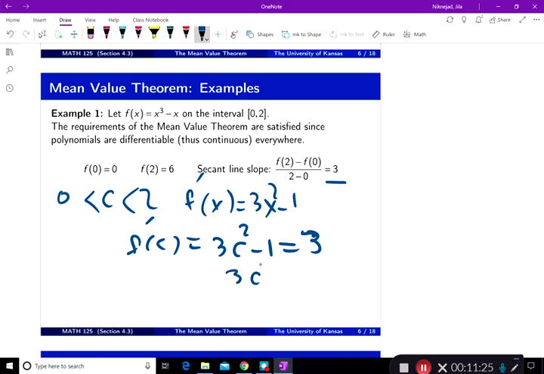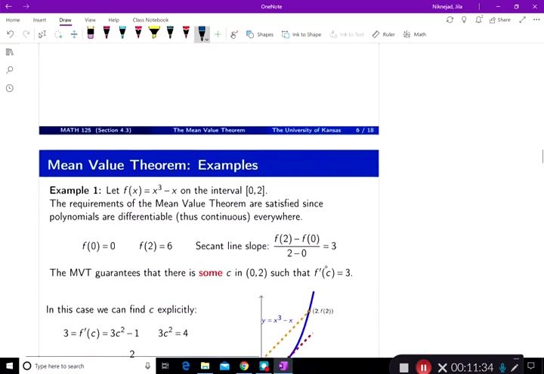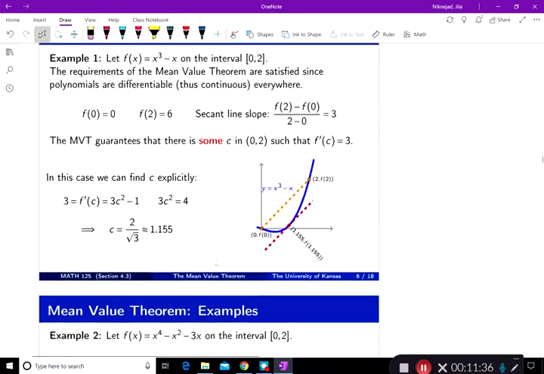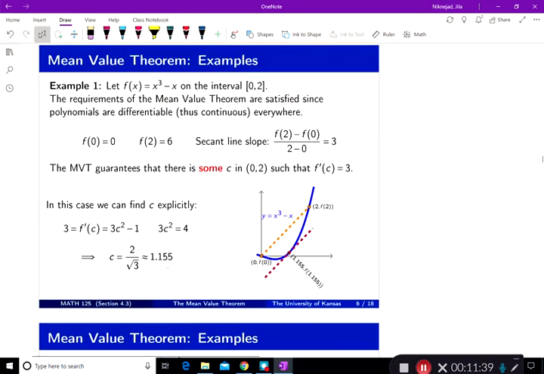I can solve for c and find the value, which is going to be the square root of 4/3, which is approximately 1.155. If you solve, you get that value. And so at c equal to that value, the slope of the tangent line is equal to the slope of the secant line between the two endpoints. So the mean value theorem guarantees it, but then we can also solve and see what the value is.